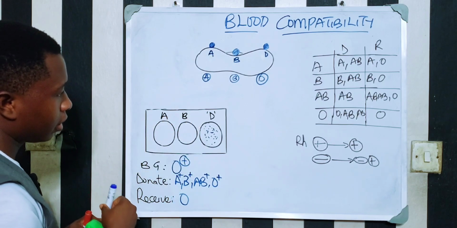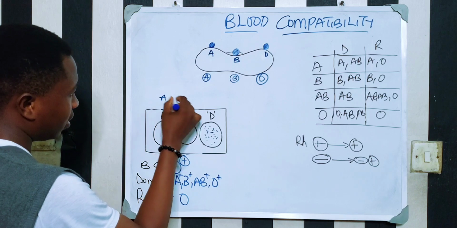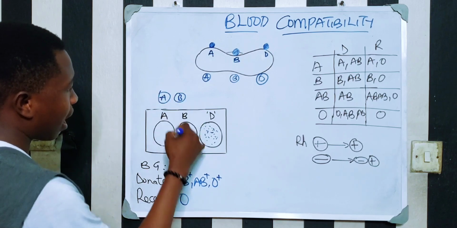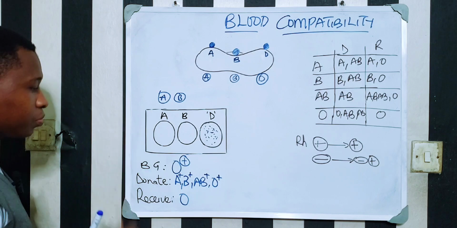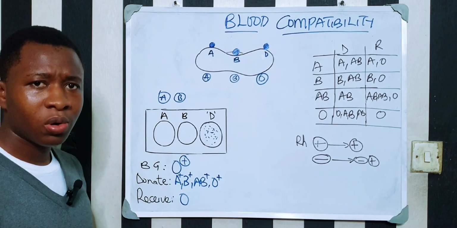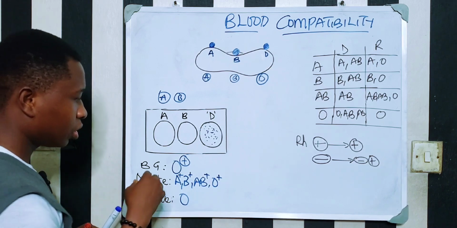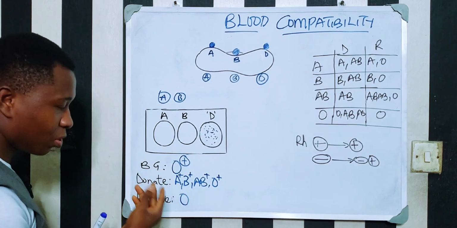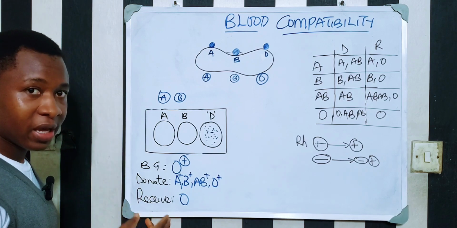Right. Now let's look at the antibodies here. This has antibody A, antibody B, and no antibody for the D. And because it doesn't have the antibody, there will be no reaction. So whatever type of blood you put, as long as it is O, will work.